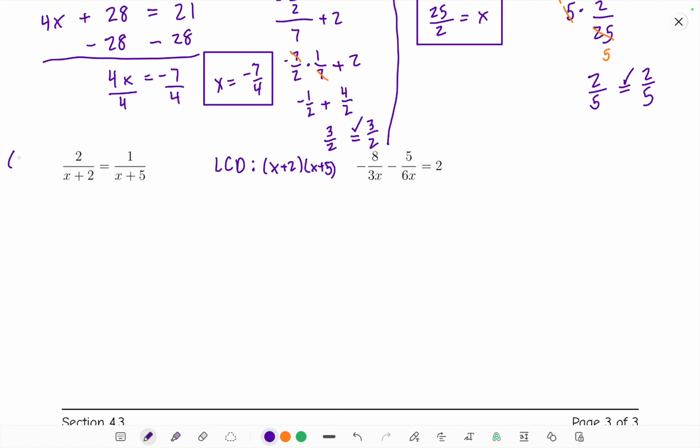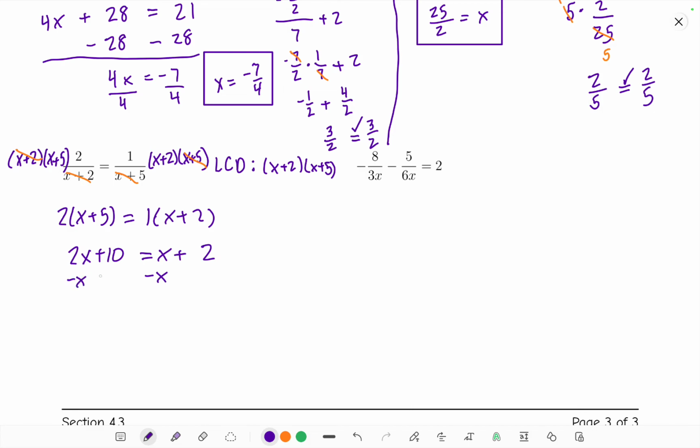So I multiply by x plus 2 and x plus 5 on both sides. So on the left-hand side, the x plus 2's cancel out, and on the right-hand side, the x plus 5's cancel out. So we get 2 times x plus 5 equals 1 times x plus 2, which gives us 2x plus 10 equals x plus 2.